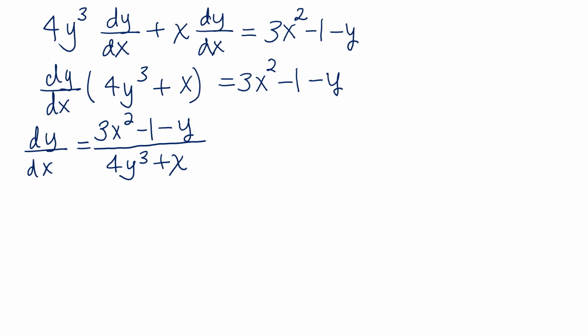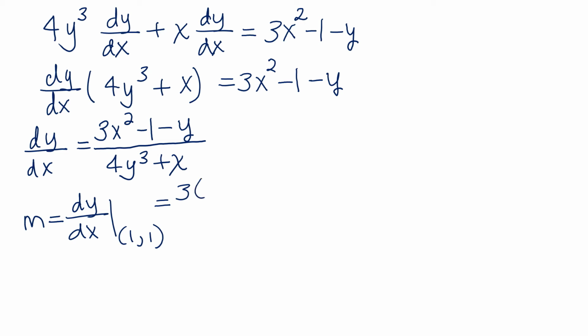Now we need to put in the values of the ordered pair (1, 1) in order to solve for the actual slope at that point. So the slope is dy/dx evaluated at (1, 1). In the derivative function, put in the values.